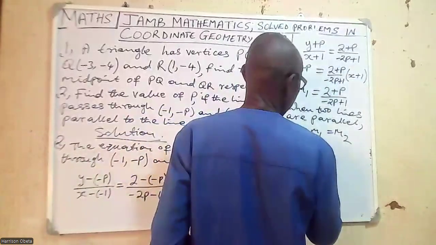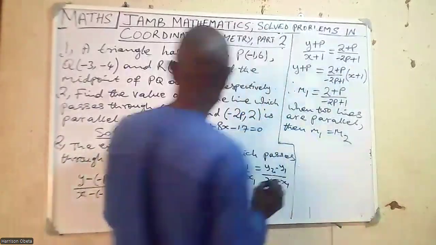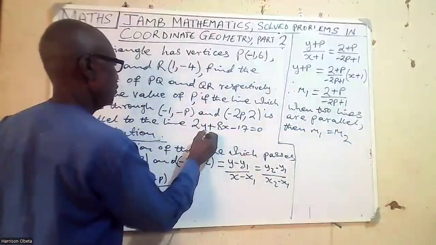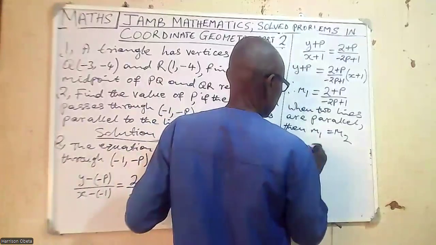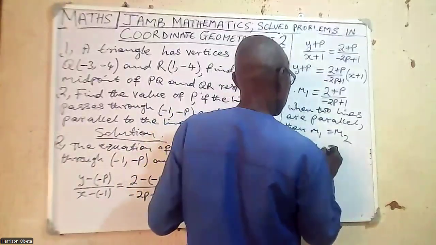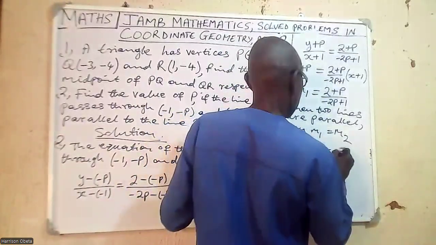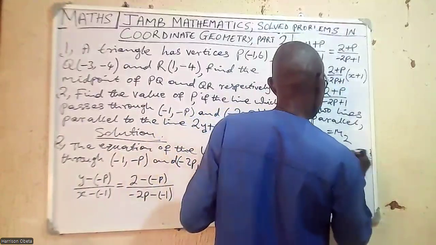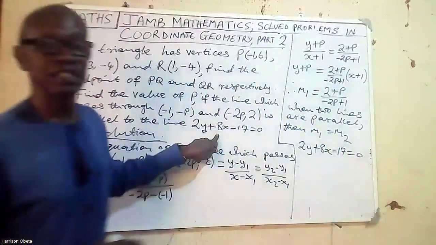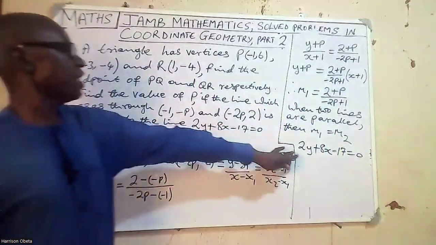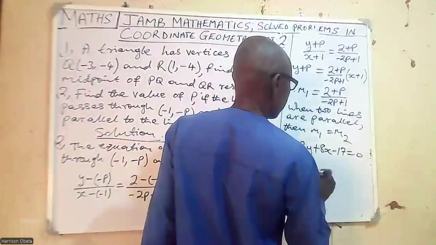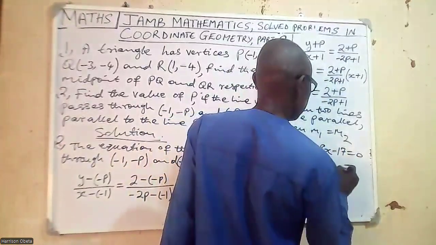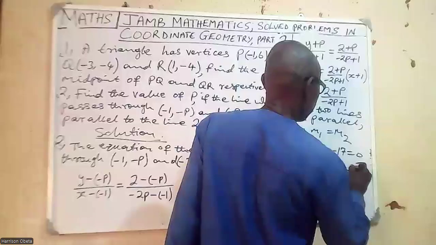To get m2 from the equation, we have 2y plus 8x minus 17 equal to 0. That is the second line, so we have to find its gradient. That means 2y is equal to minus 8x plus 17.